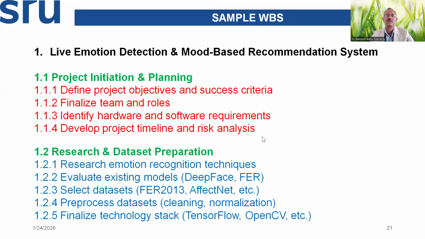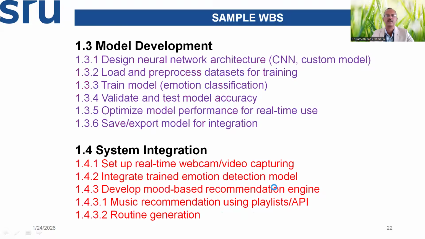Collect the data sets, like this, several elements. So let us see the assembly 1.3, which is model development. Under this, 1.3.1 is design the neural network architecture, load and pre-process data sets for training, train the model, validate and test model accuracy, optimize model performance, save or export model for integration.